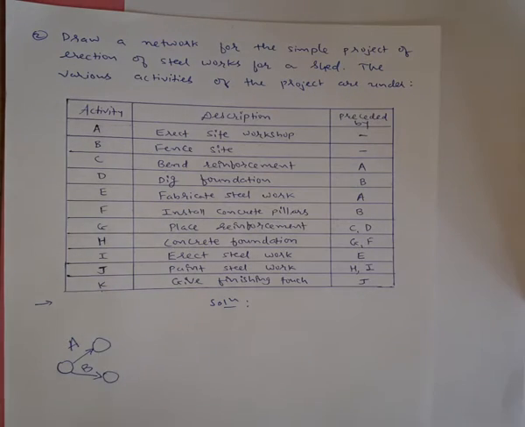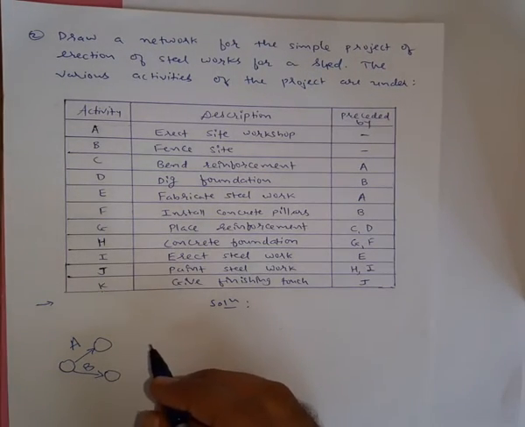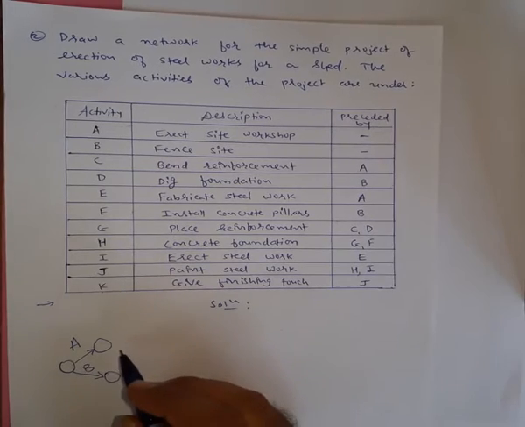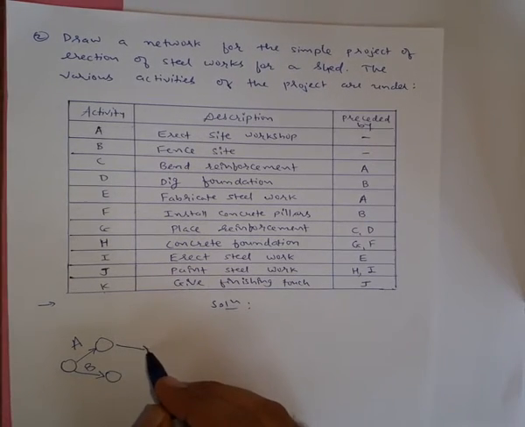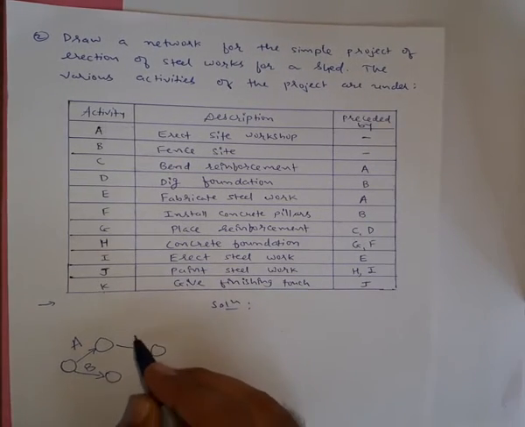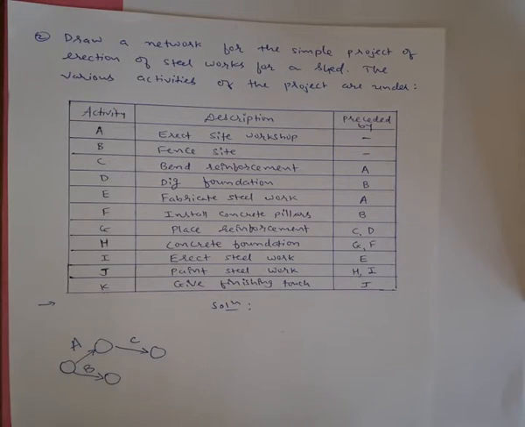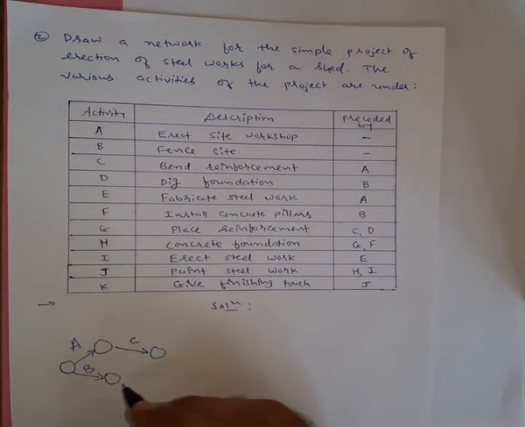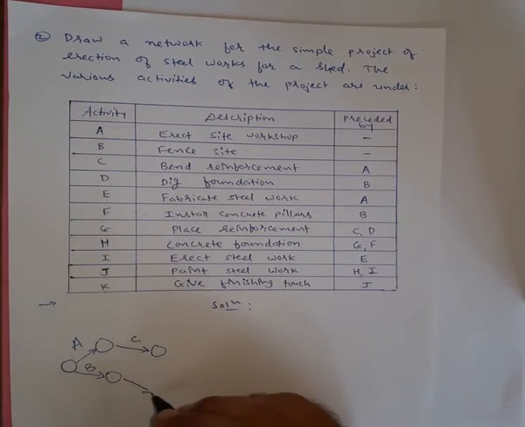Now activity C is dependent on the completion of activity A, so I can draw like this. This is activity C. Now D is dependent on the completion of B, so here you can draw, for example, this is activity D.